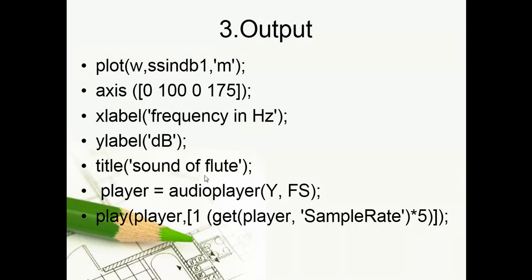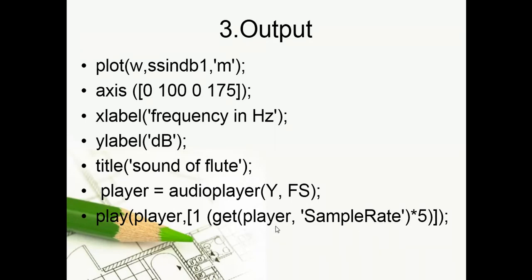Next, if you want to hear the sound of flute, then this is the code. Player is equal to audioplayer, y is the actual sound and Fs is the sample rate. Then we play the player, that is the audio sound, from starting point 1 to the end point. This is the coding for the end point. Here there is the get handler, get player sample rate.